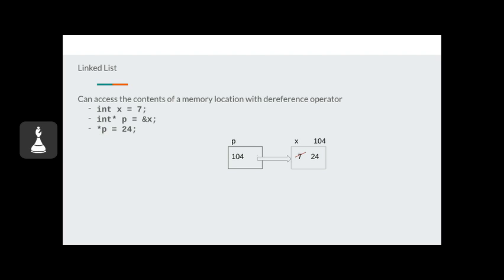So we're going to take the 24, and we're not going to store it in p, we're going to store it in star p, which is dereferencing this pointer. So the 24 actually goes here. So 7 is no longer stored in x, but now x has the value of 24 when this code finishes running. So this is using what's called the dereference operator to access the contents of a memory location through a pointer.